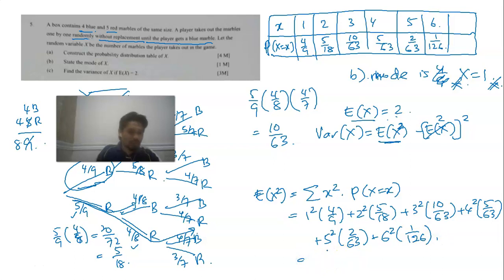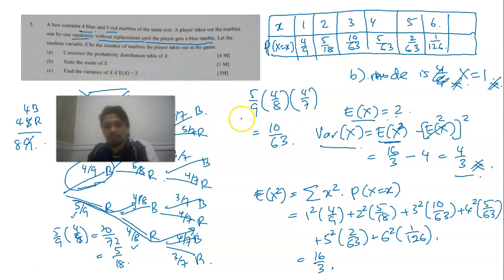And the total of this equals 16 over 3. Okay, so substitute here 16 over 3 minus 2 squared, which equals 4. That gives you 4 over 3. So the variance of x is 4 over 3. There you go.